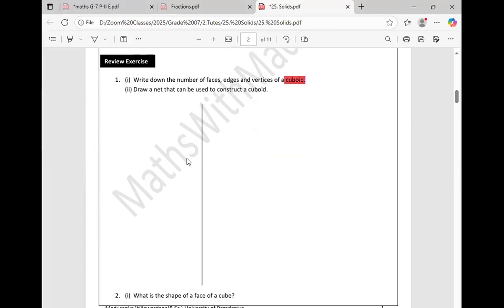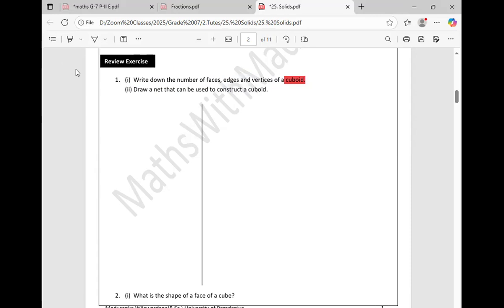I have put a straight line here. On the left hand side you have to write the answers for the first one, and for the second one you have to draw that net on the right hand side of the straight line.